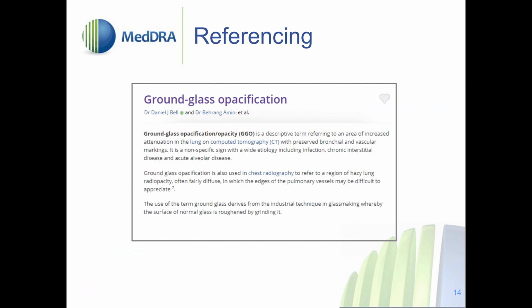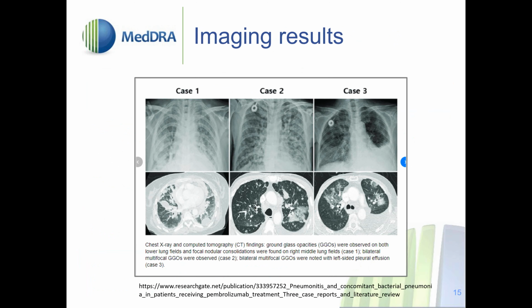So we're not sure, is it always going to be a chest x-ray, or could it be a CT scan? Here, another reference confirms it, showing what the opacity looks like on both the chest x-ray and CT scan imaging.